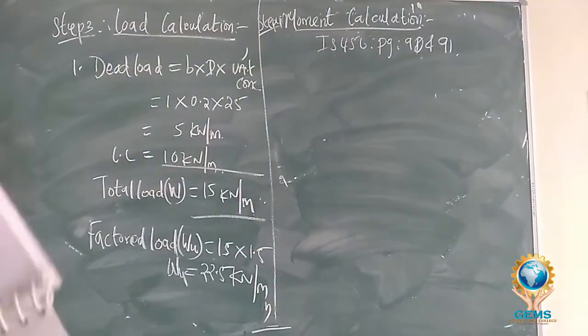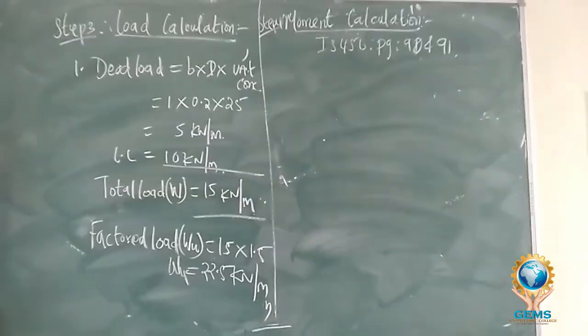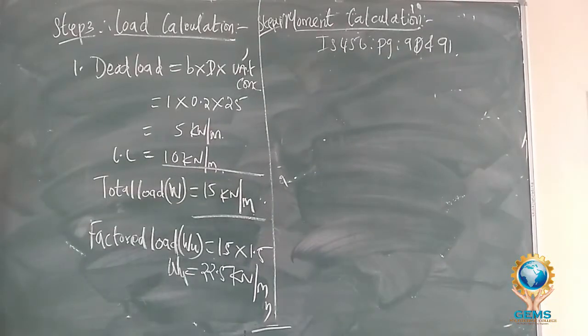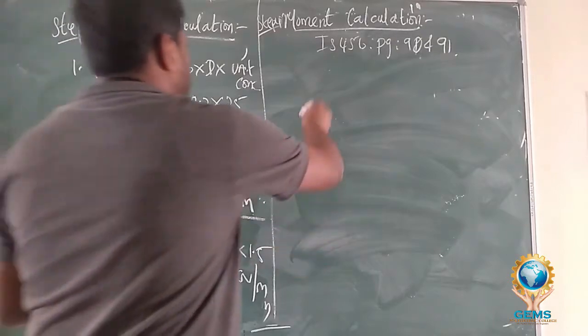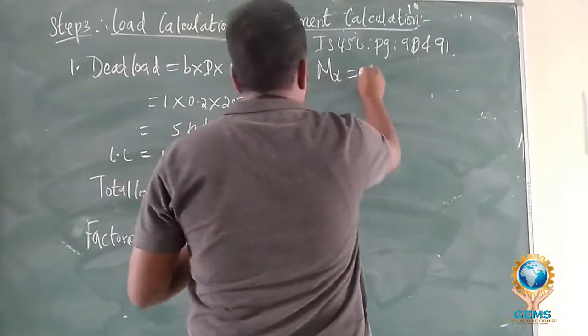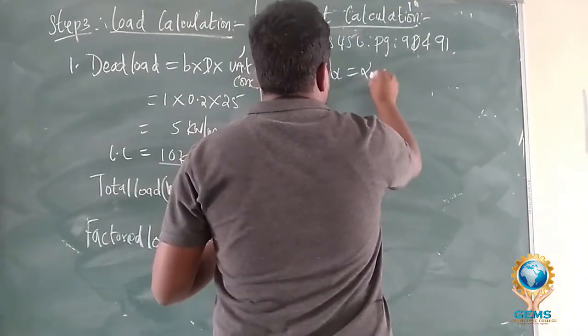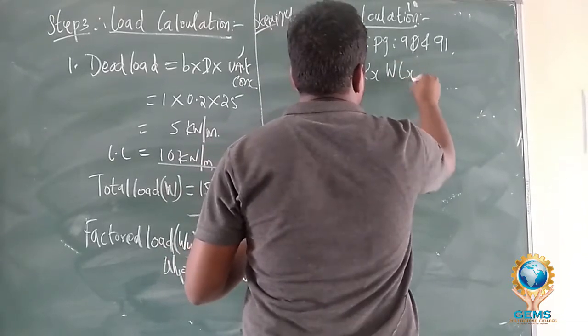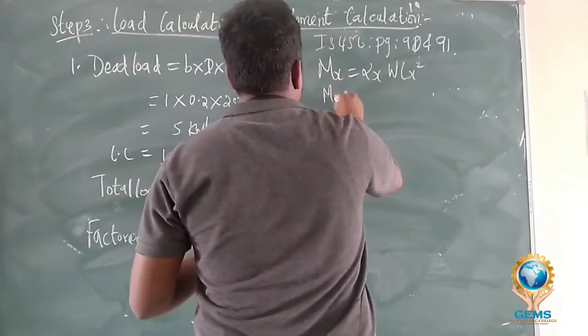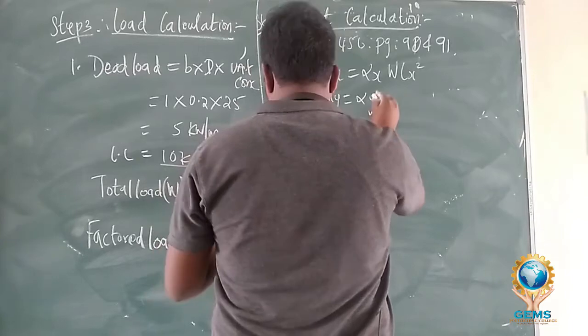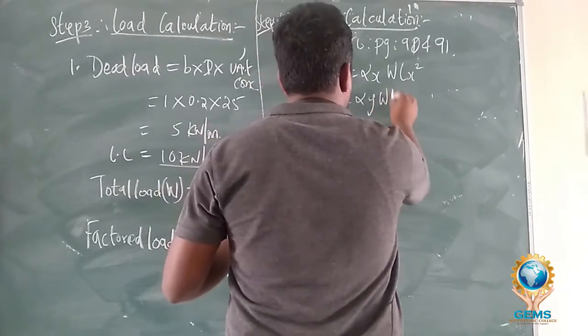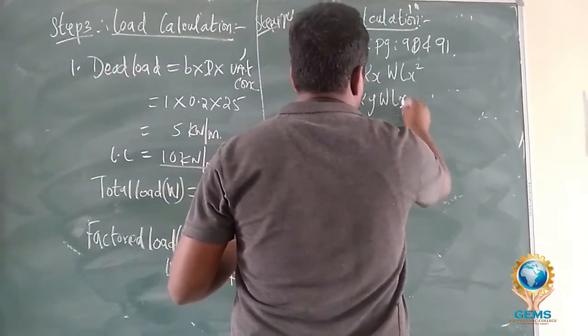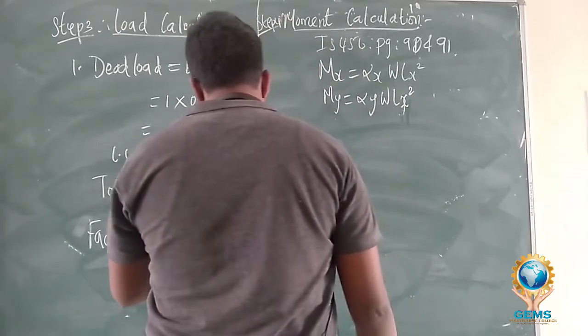You understand? First we take the formula. This is the formula to calculate Mx and My. Mx is equal to alpha x W Lx squared. My is equal to alpha y W Lx squared.